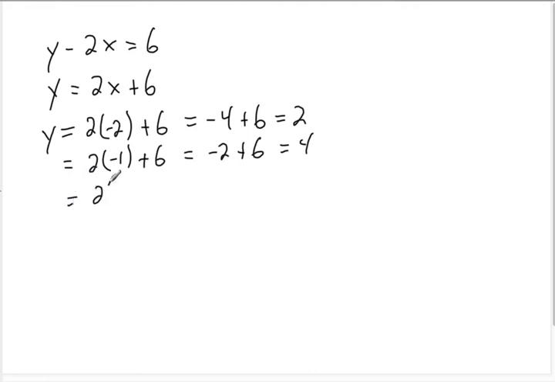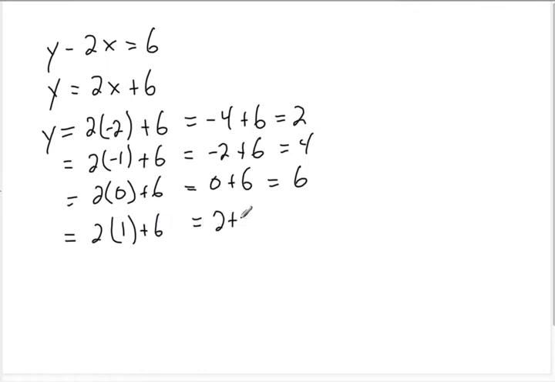And we got 2 times 0 plus 6 equals 0 plus 6 equals 6. So the pattern developing here is that we're adding 2 each time, which makes sense because the slope is 2. And so here we get 2 plus 6, which is 8. And finally 2 times 2 plus 6, which is 4 plus 6, which is 10.